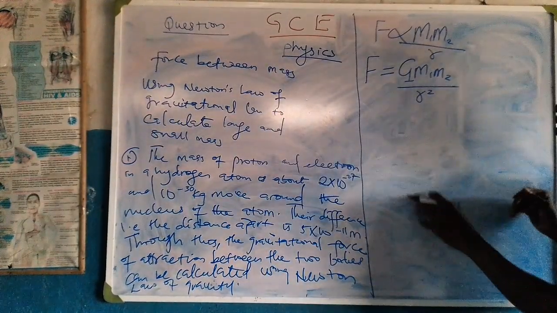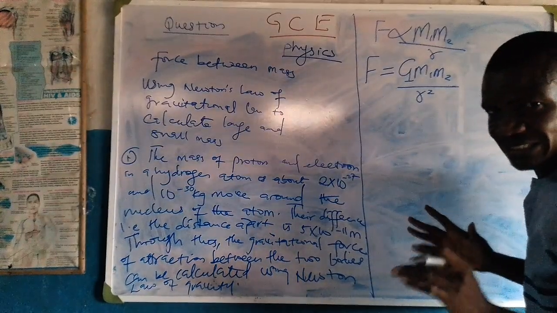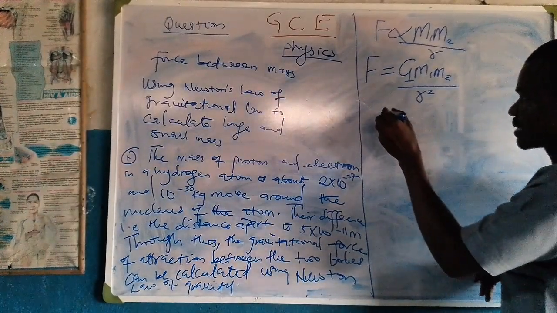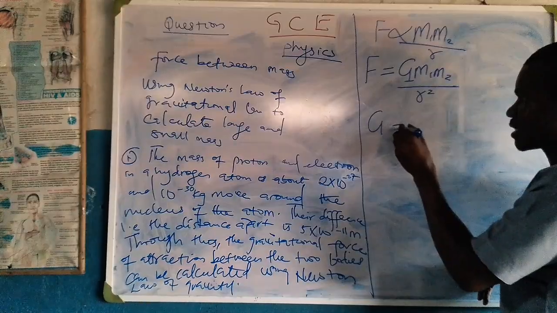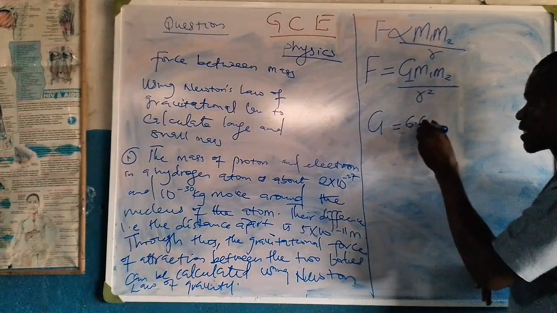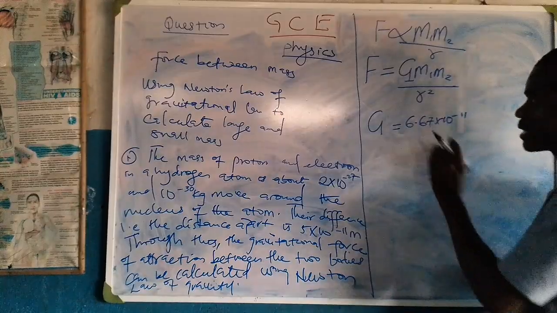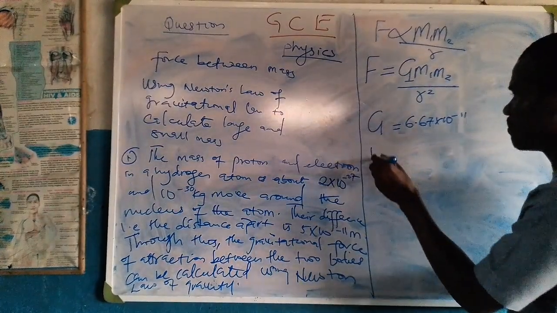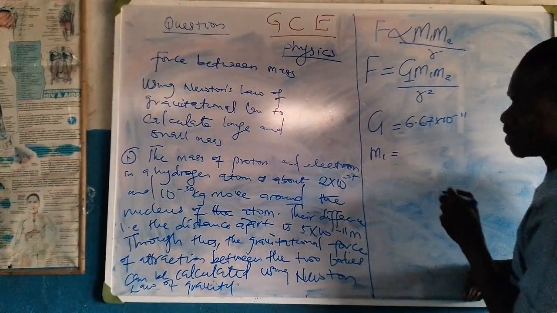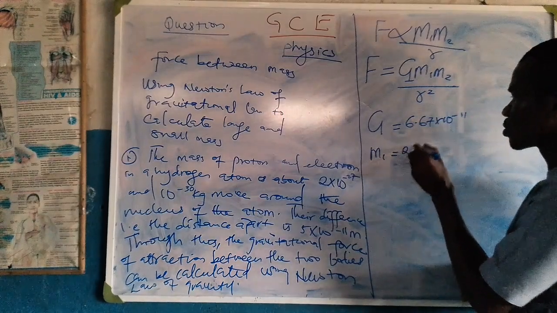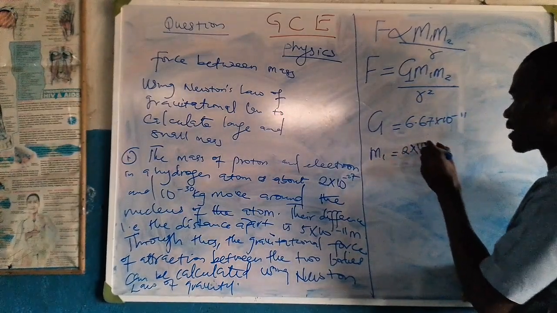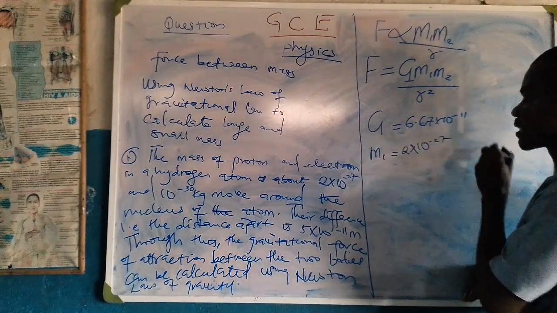Using this formula, you have to write the values one after the other. G is equal to 6.67 times 10 raised to the power minus 11, which is a constant. The first mass M1 is equal to 2 times 10 raised to the power minus 27.